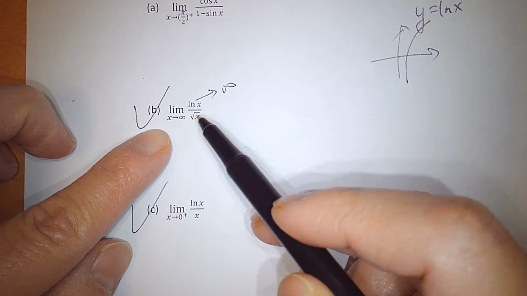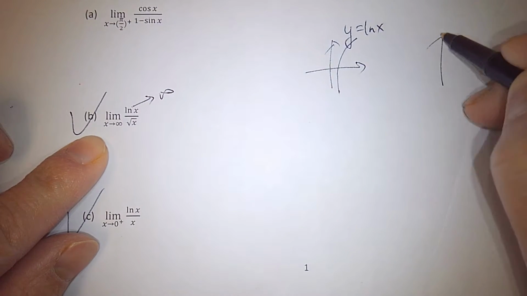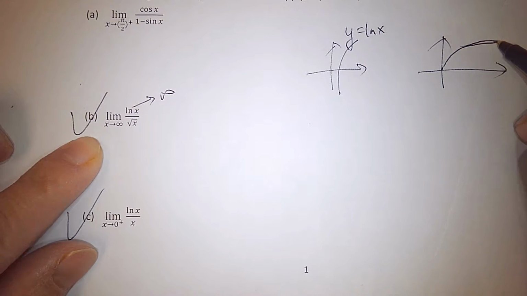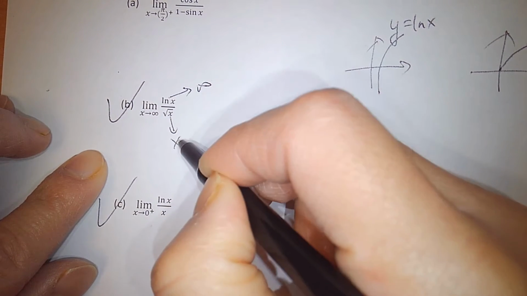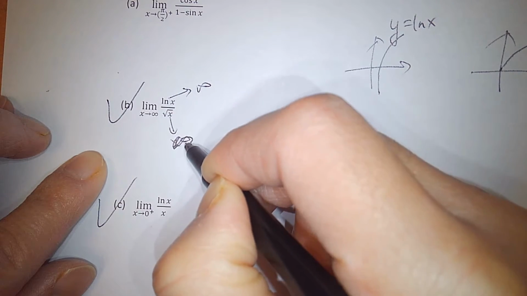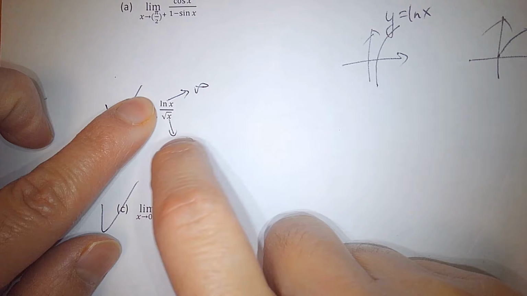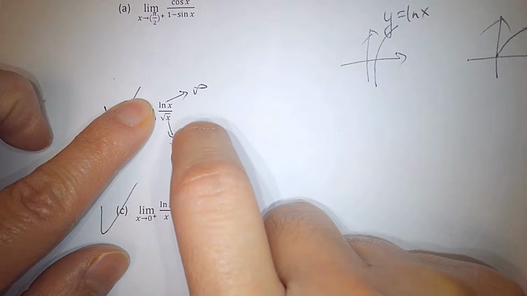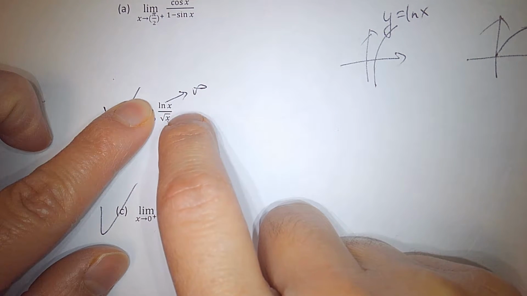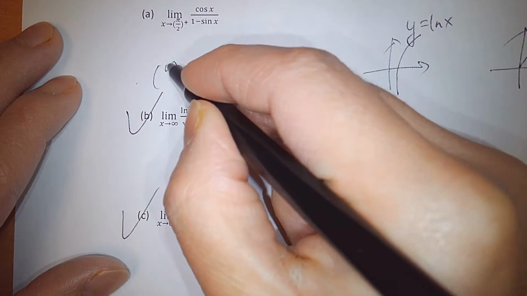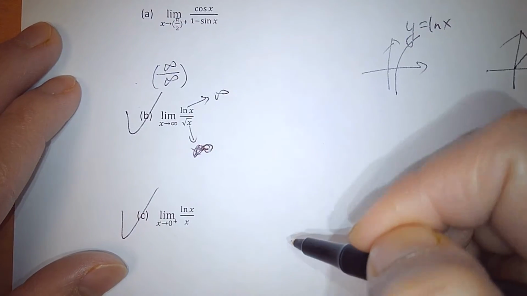When x goes to infinity, how about square root of x? Also goes to infinity, right? So what type is this form? Infinity over infinity. So yes, it is an infinity over infinity type.